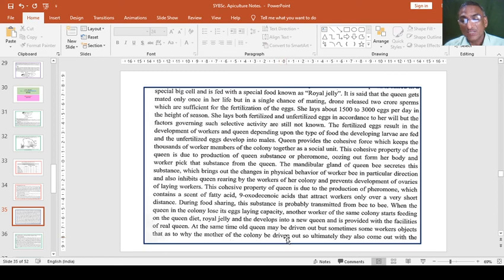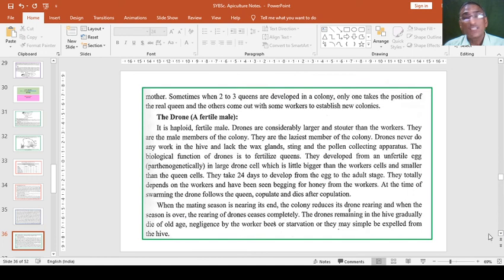So ultimately they also come out with the mother, and sometimes when 2 to 3 queens are developed in a colony, only one takes the position of the real queen and the others come out with some workers to establish a new colony, and in this way they move away from the colony.